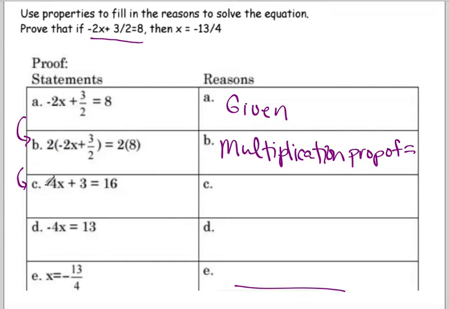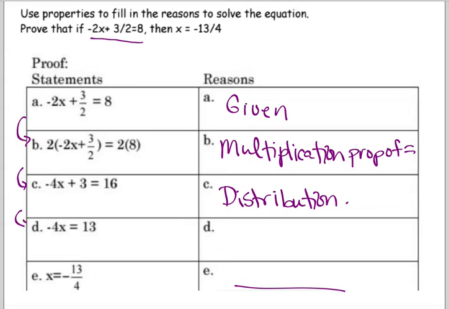To simplify from B to C, we have distributed the 2 through the parentheses and distributed the 2 to the 8 here, really simplified on that side. So we're going to put distribution here, because a distribution property of equality is correct, or again, just distribution is fine.